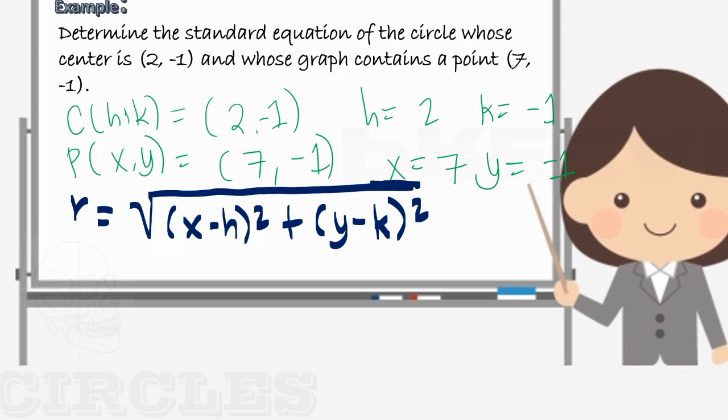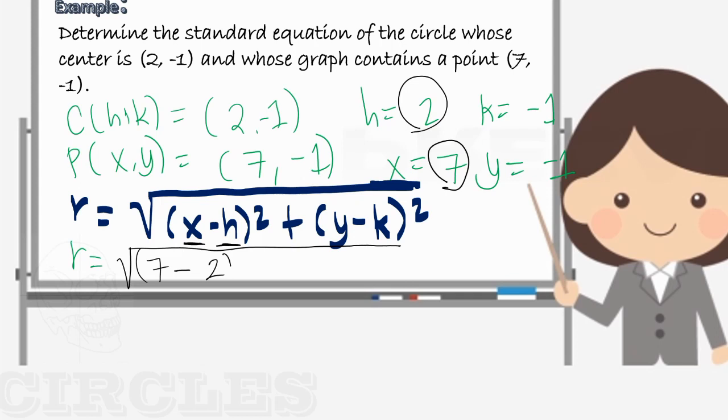R is equal to square root of x, which is 7, minus h, which is 2, squared plus y, which is negative 1, minus k, which is negative 1 again, squared. So, it becomes plus.